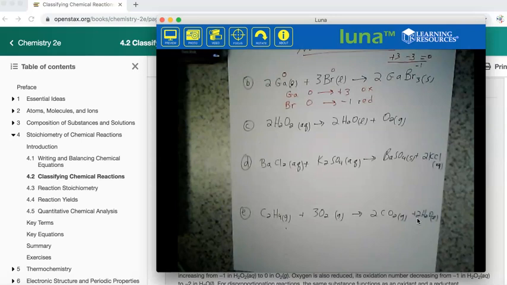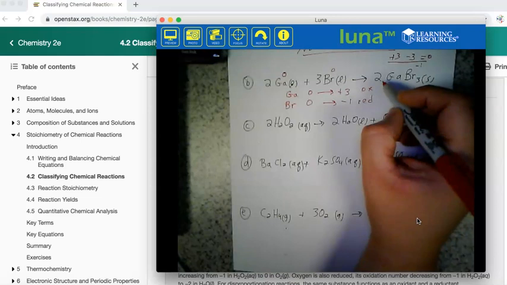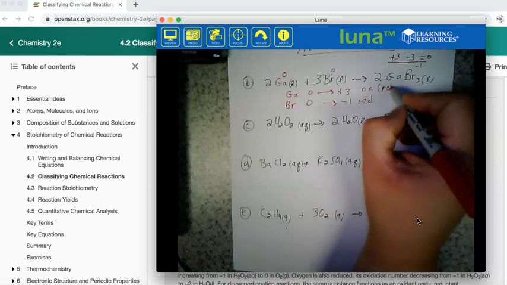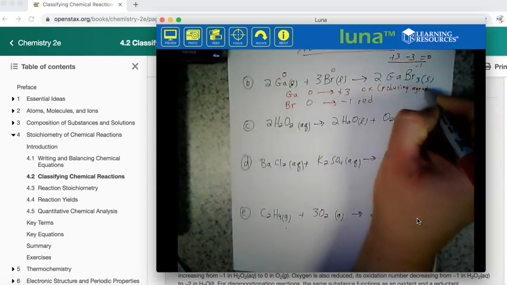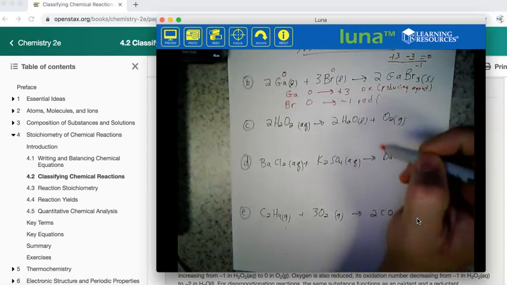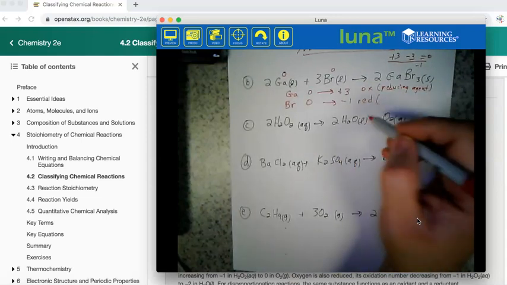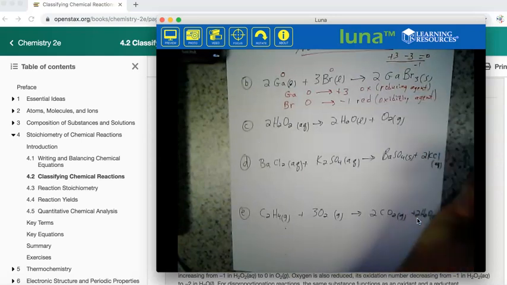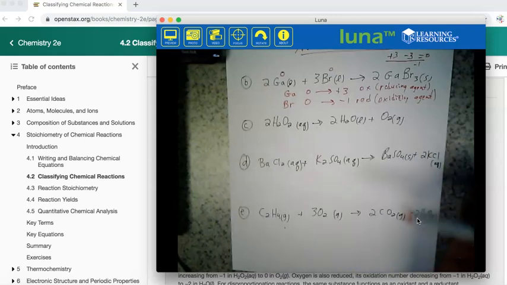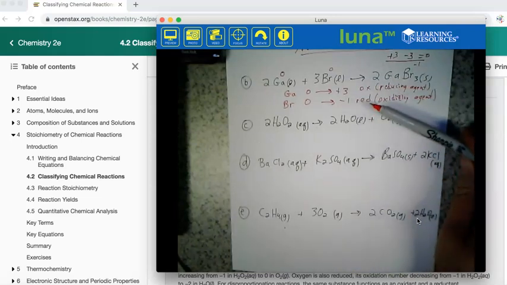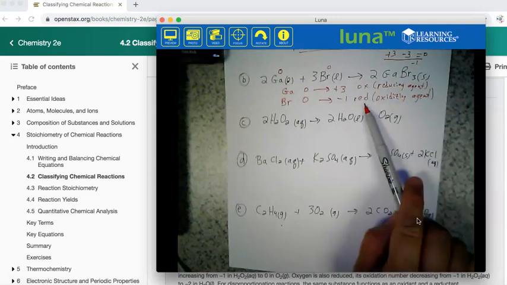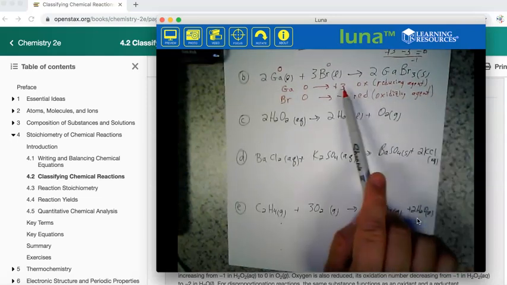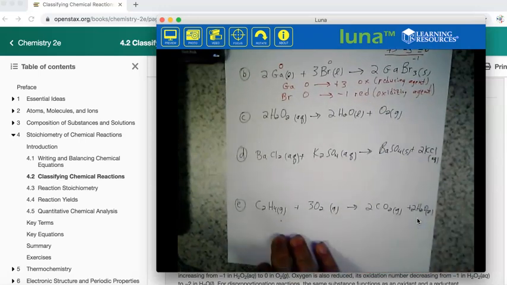If something becomes oxidized, you refer to that as the reducing agent because it's reducing the other species. And if it's reduced itself, it is the oxidizing agent, because it's relative to the other species, not the individual itself. So when bromine became reduced, it became the oxidizing agent. When gallium became oxidized, it became the reducing agent.